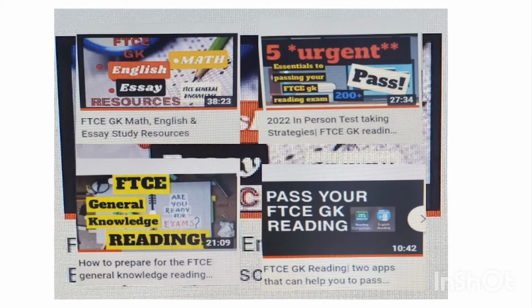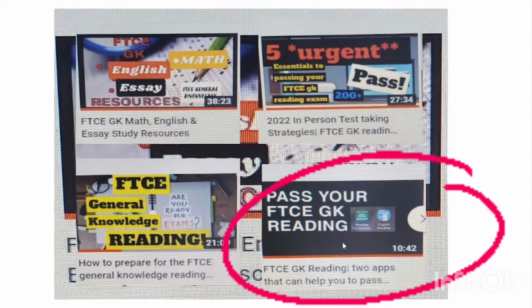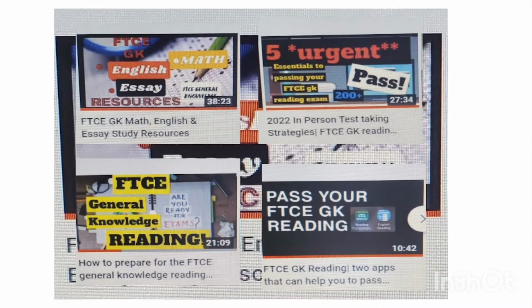So this will help you when you actually go to take the exam. For this one, I highlighted 2 apps you can use on the go. If you're on the road or just on the go, you can practice some passages in your free time. So please be sure to check out these videos.